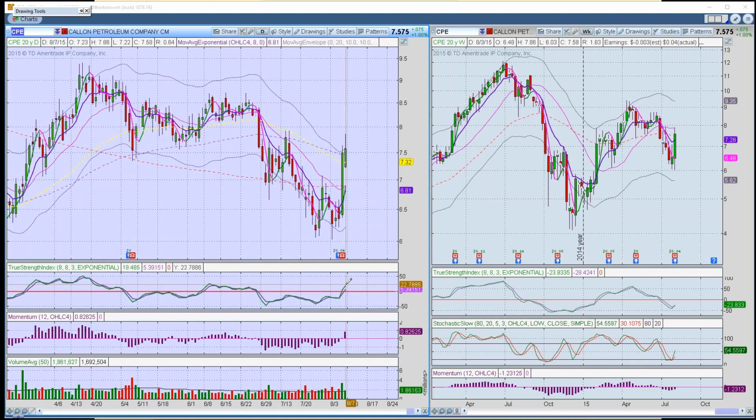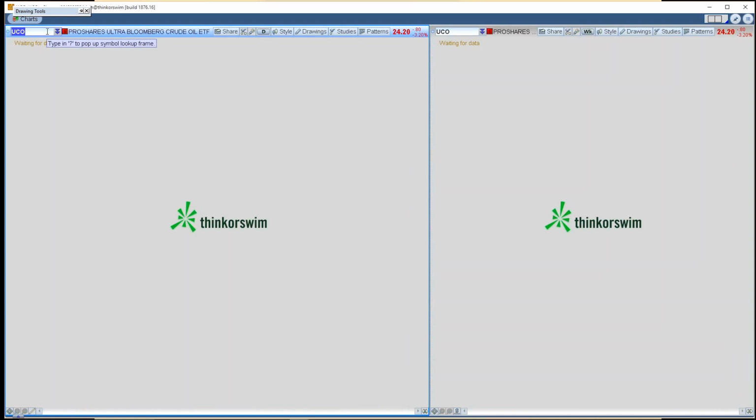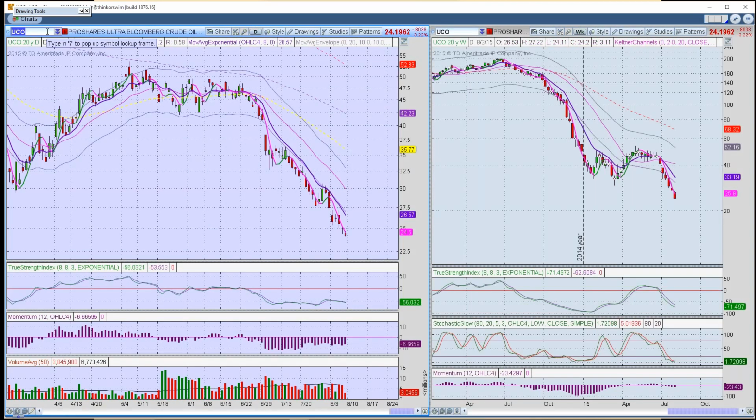Yeah, it's got a little over 1.6 million shares traded per day. Is it in fact turning around? The stock, I think it's UCO. Yeah, it is. As you can see on a weekly chart, things are getting extremely oversold.